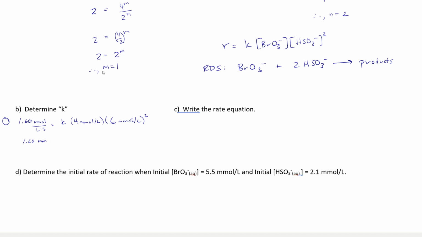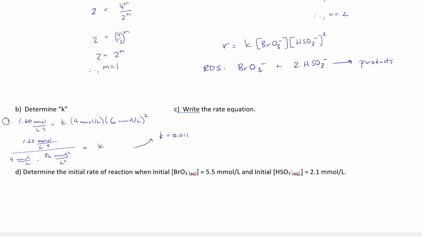1.60 millimoles per liter second, all divided by 4 millimoles per liter times 6 squared, which is 36 millimoles squared over liters squared, because the units have to be squared, is equal to K. And so therefore I can say K is equal to 0.011.